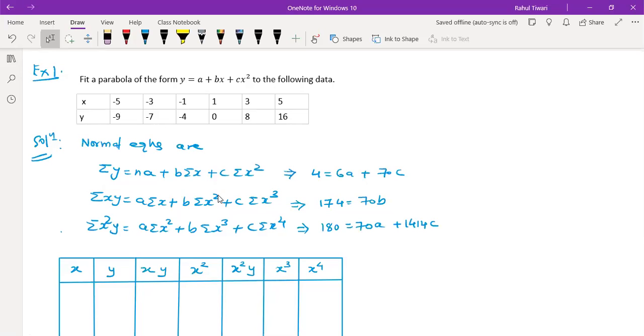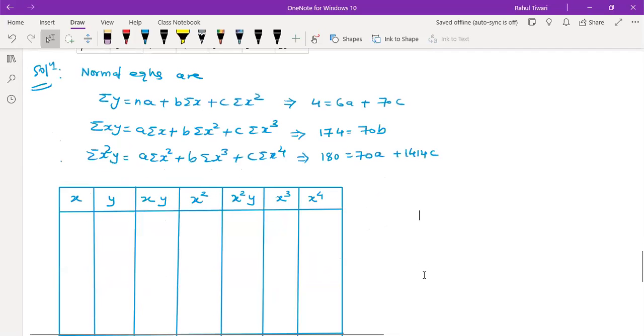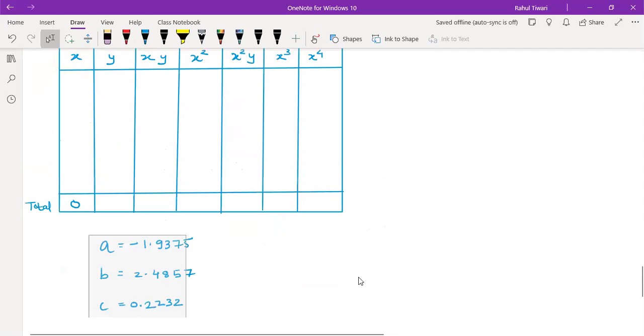So after solving, you will get the value of B. You can solve the other two equations simultaneously to get the values of A and C, which will be this one.